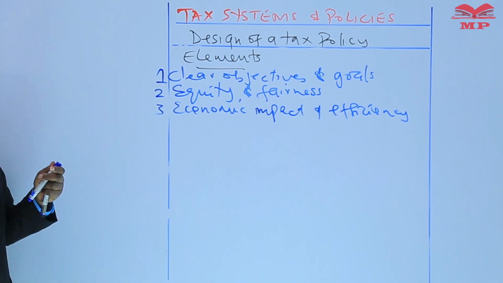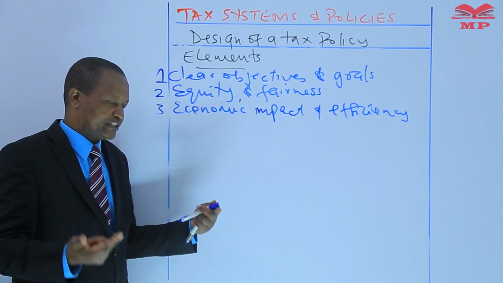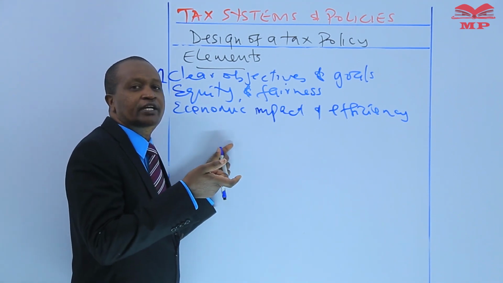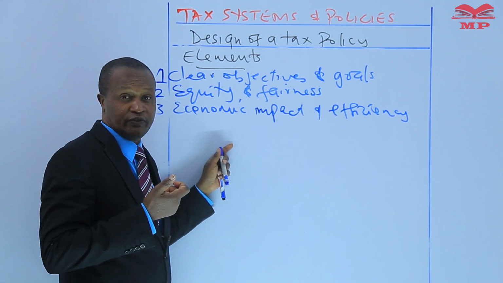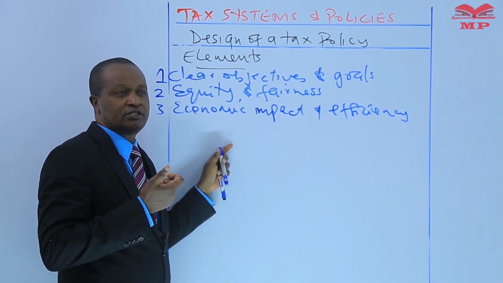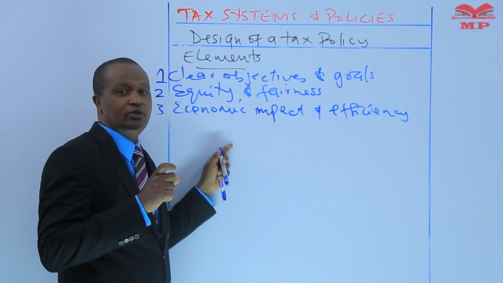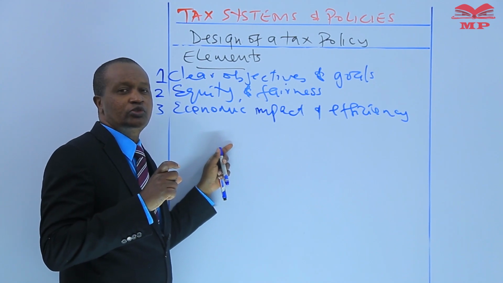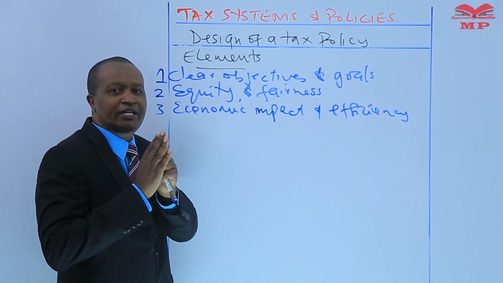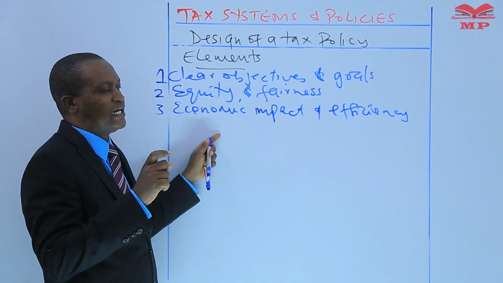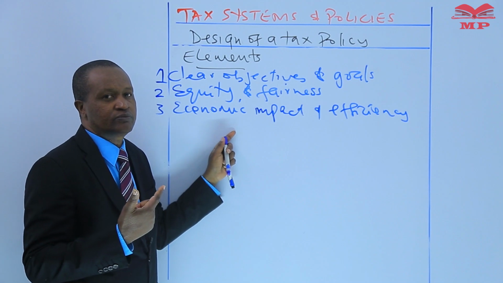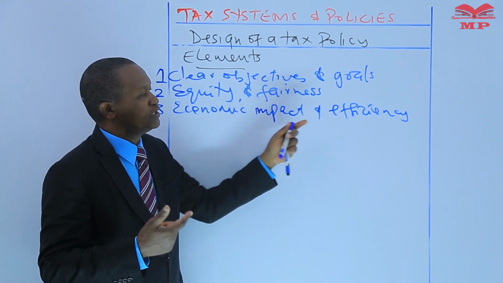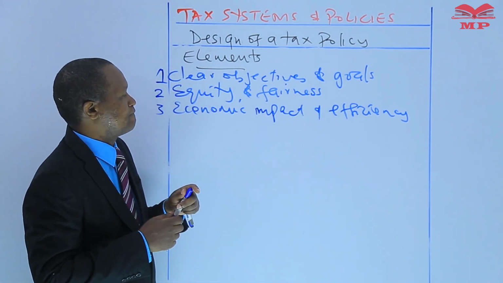Consider the potential impact of taxes on the economic behavior of the members of the society. So when designing a tax policy, one ought to strive for a tax policy that minimizes distortions, what we call deadweight loss, in order to promote efficiency.